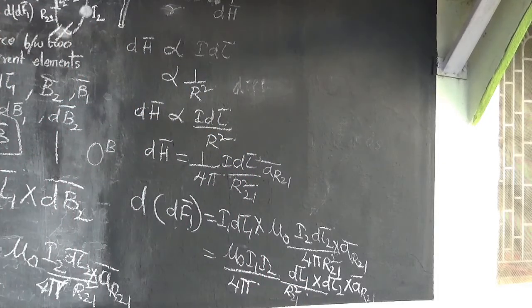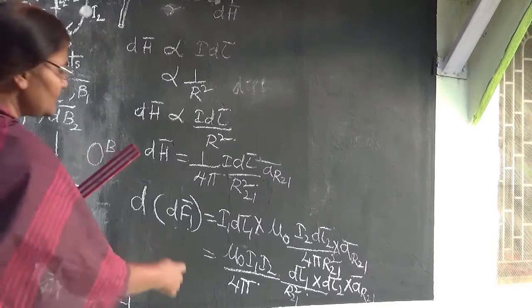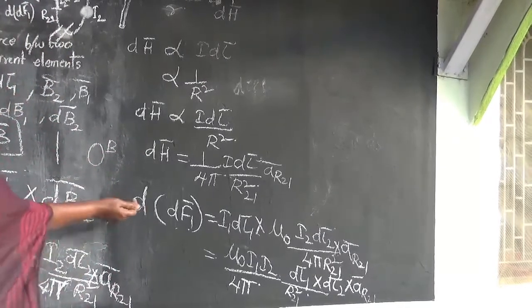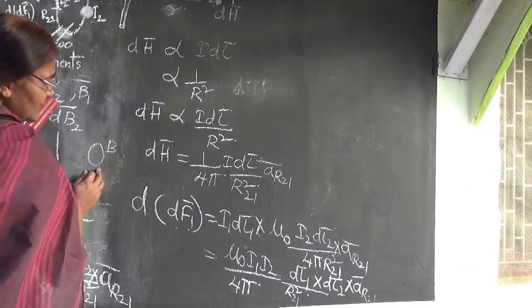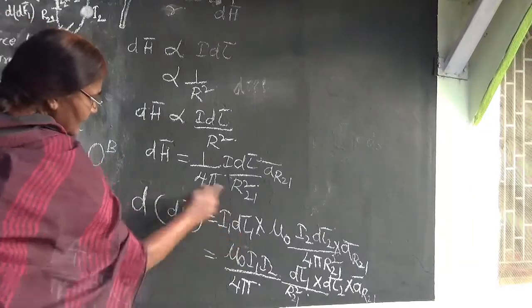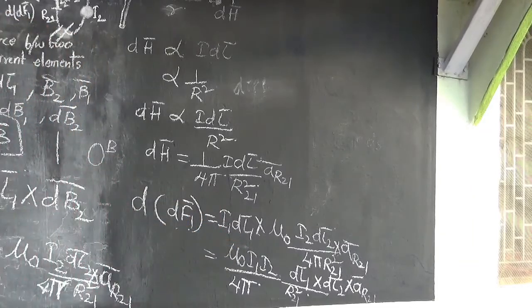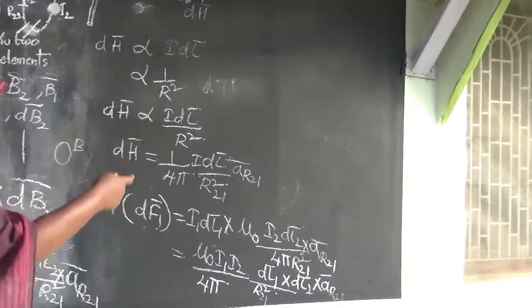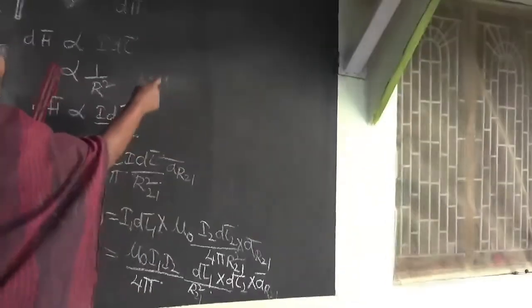So this is my formula. Now if I want to find the total force, what do I have to do? I have to remove this differential. To remove this differential, I have to integrate the right hand side function.